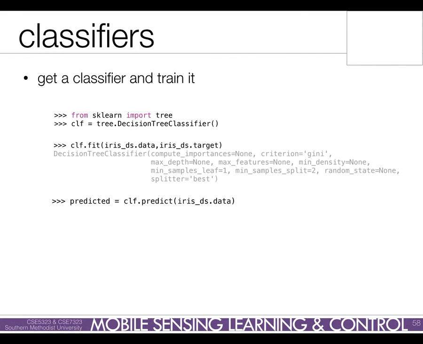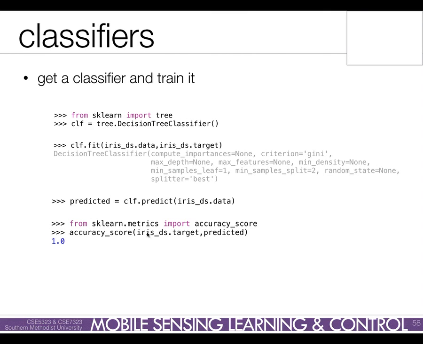And now if I want to get a prediction, I could say predicted equals clf.predict, and then I could use this iris data again. And it's going to give me a prediction for every single row inside of that matrix. So now I can say from sklearn.metrics, I'm going to import accuracy_score.